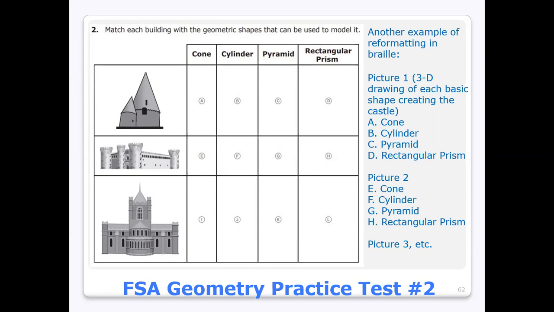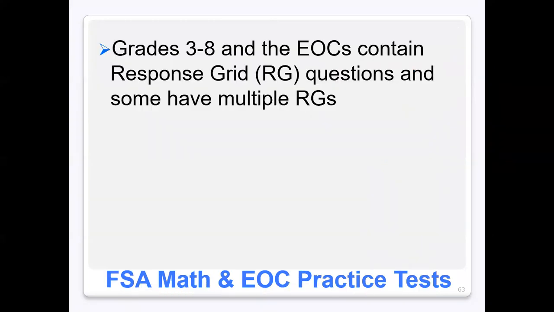Let's see, what else do I need to mention? Three-dimensional drawings are something they have to know how to recognize from a tactile graphic. Grades 3 to 8 and the EOCs contain response grid questions, and some have multiple response grids.